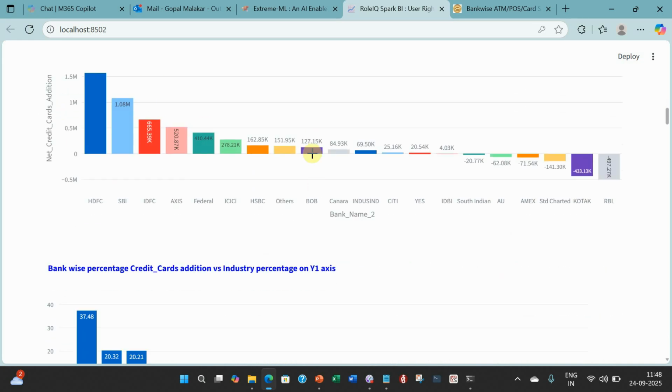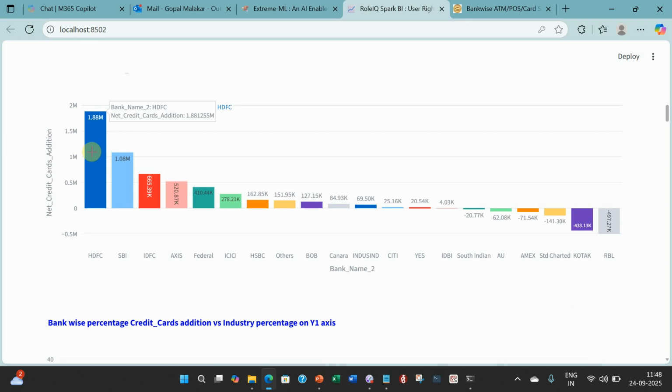In absolute terms, HDFC is first at 1.88, followed by SBI 1.08, followed by IDFC 6 lakh 53,000, or 6 lakh 65,000 cards, followed by Axis, Federal, and ICICI. ICICI is actually losing steam here. And look at RBL, they have lost almost 5 lakh cards, Kotak 4.33 lakh cards, and Standard Chartered. These are bleeding portfolios in some sense, at least in terms of the base.